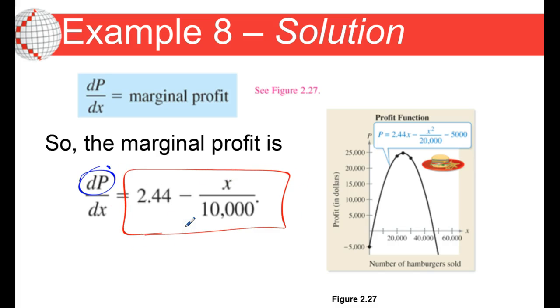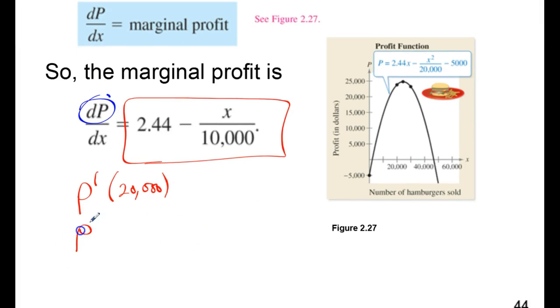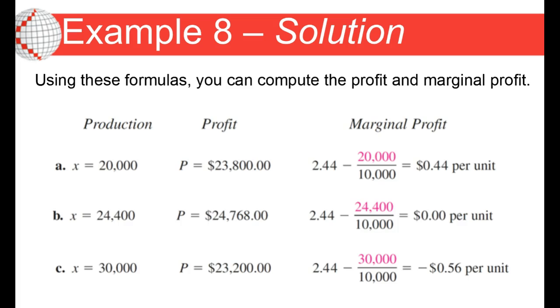And then once you have that derivative, you're just going to evaluate it at 20,000. Again, I'd use my calculator. You would evaluate it at 24,400 and evaluate it at 30,000. And I think here comes some answers. So 44 cents per unit, you're breaking even per unit.